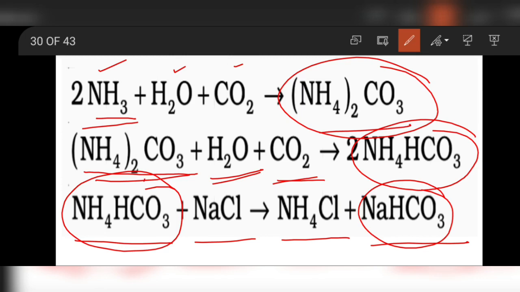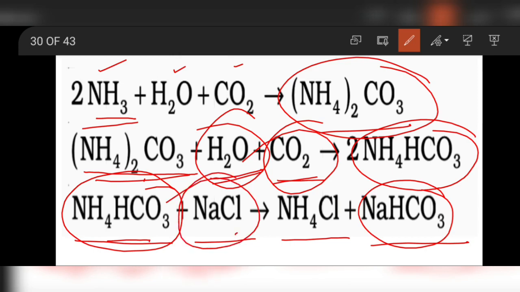That ammonium carbonate again reacts with water and carbon dioxide to give ammonium bicarbonate. Then ammonium bicarbonate is treated with brine solution or NaCl to give NH4Cl, that is ammonium chloride, and NaHCO3, that is sodium bicarbonate. So our aim is to prepare sodium bicarbonate. For that you need ammonium bicarbonate, then ammonium carbonate, and then ammonia.